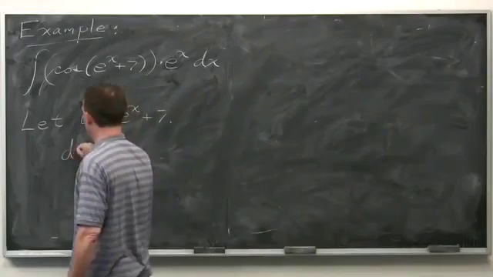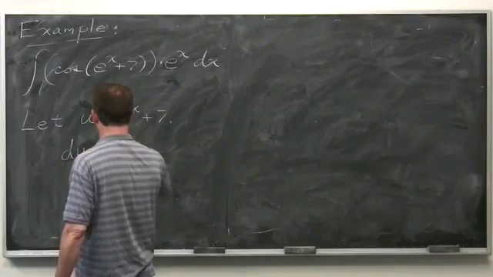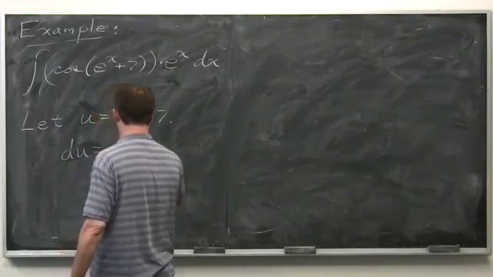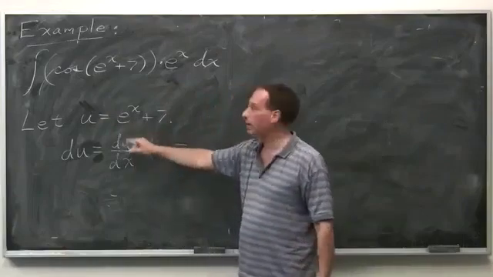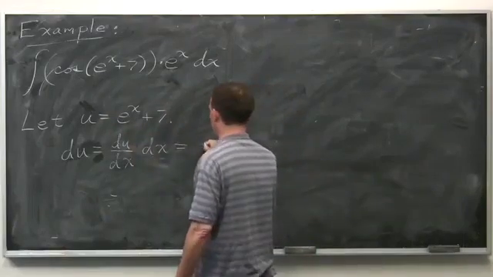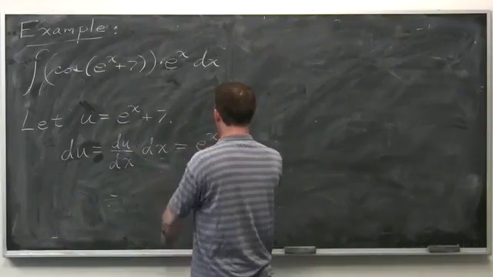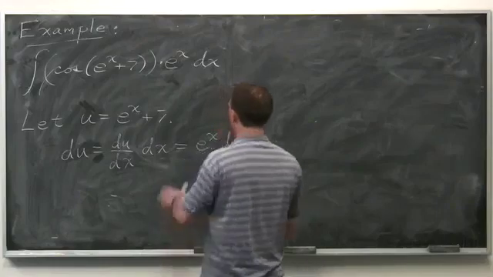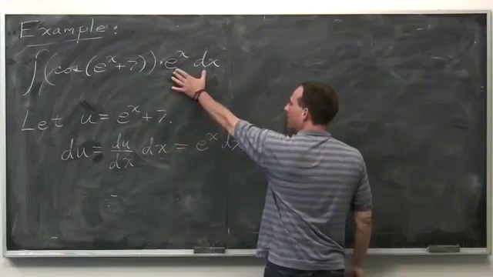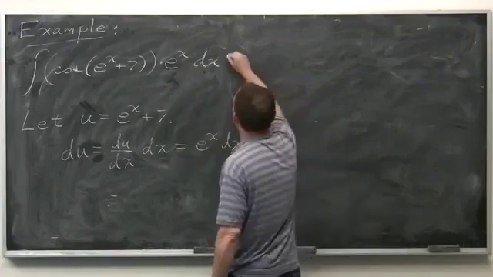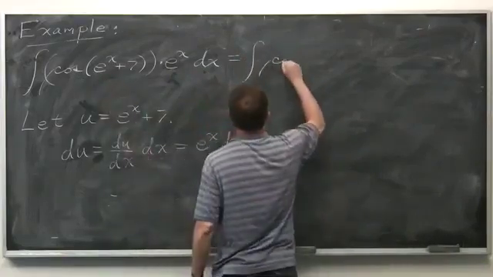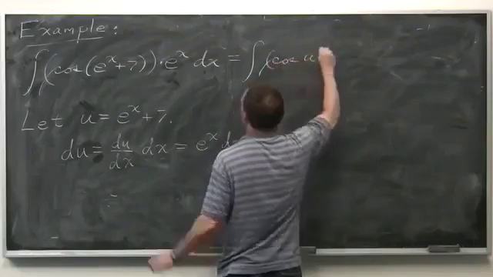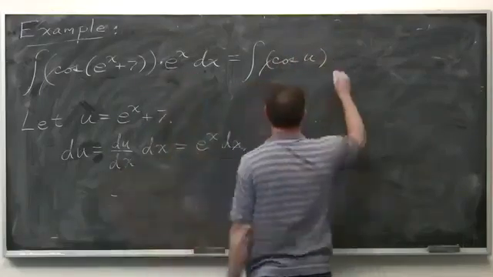You write that du is du dx times dx. Du dx, the derivative of u with respect to x, is e to the x plus 0, so it's just e to the x times dx. Oh, well, that's exactly what's right here. We have an e to the x dx. So this integral becomes the cosine of u, and the e to the x dx is exactly du.